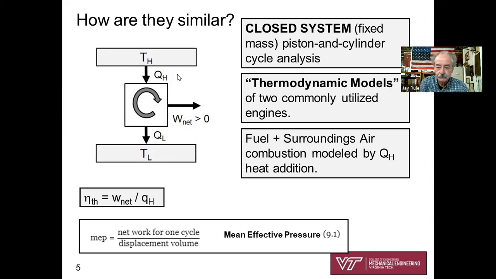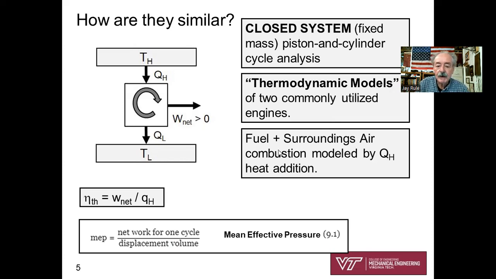That's our approach. Now, how do we model this? We know we've got internal combustion engines. So we've got fuel coming in and air coming in, and there's combustion, and then there's exhaust, and all that kind of stuff going on. We're not going to model all of that.